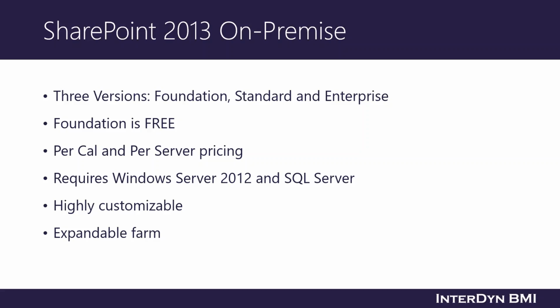The per cal and per server pricing really ranges, and I don't have necessarily fixed numbers, but you're probably looking in the range of roughly $10,000 for something that has a service level agreement. If you start going with an enterprise version, standard would be a little less, and again, the foundation version is free.